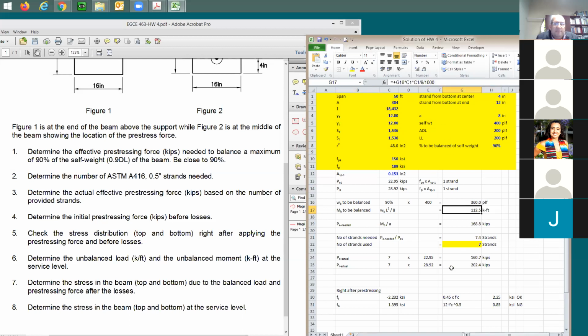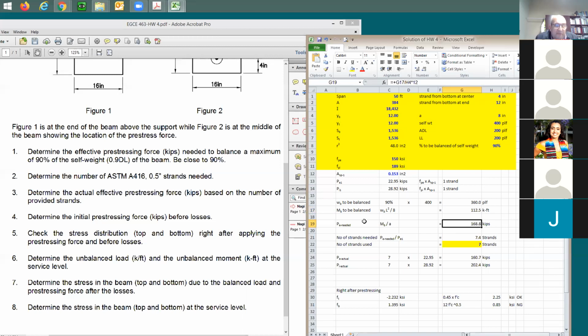This is gonna be the moment for the load that I'm trying to balance. Now, how much is the force needed? I'm gonna be taking this moment divided by the eccentricity, the 8 inches. But be careful here because this is gonna be in k-feet and this is gonna be in inches. So I need a factor here of 12. So I ended up needing 168.